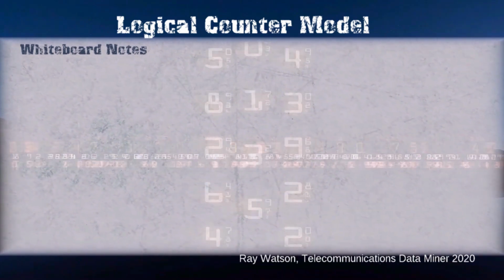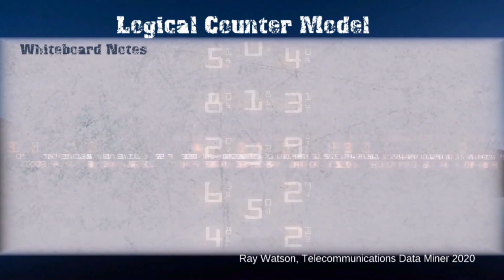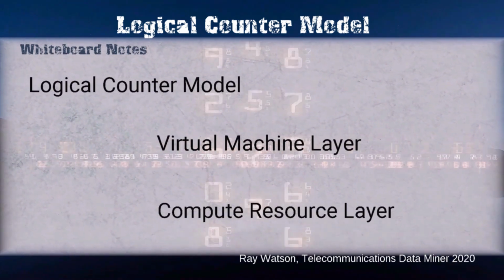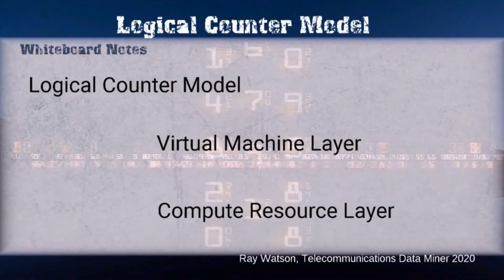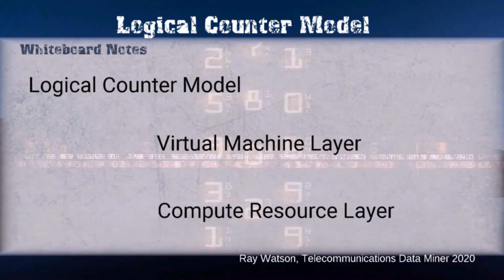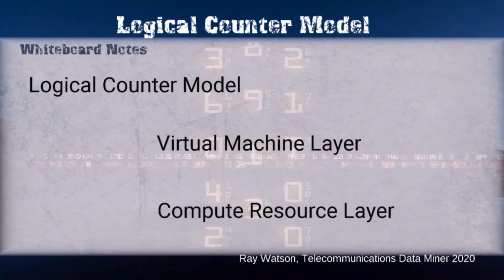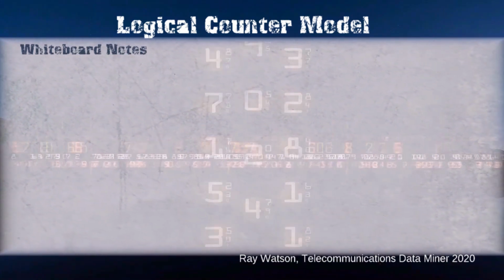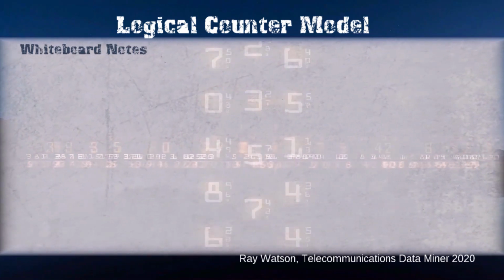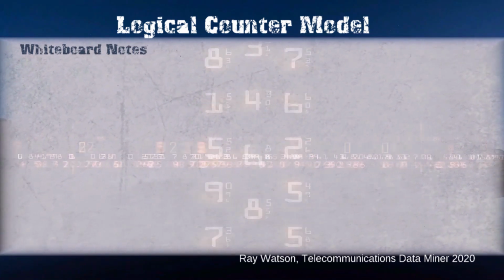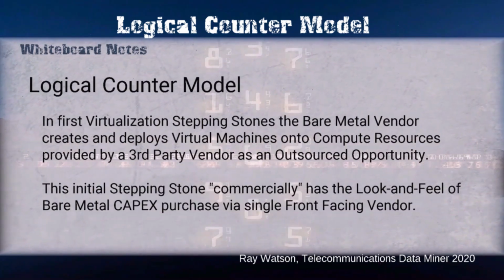The two new layers are virtual machines or software and compute resources or hardware. This split of bare metal into two new layers creates additional new dimensions that must be managed.